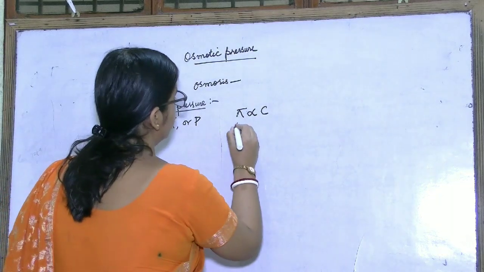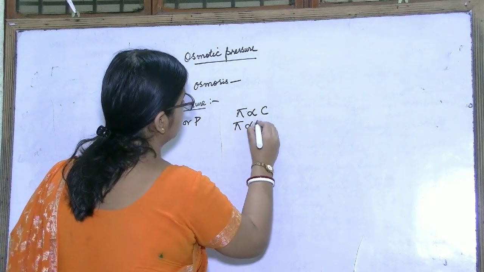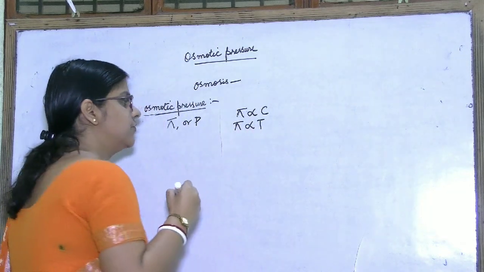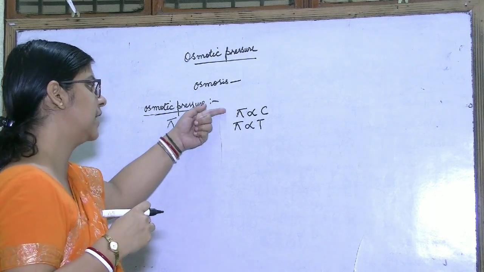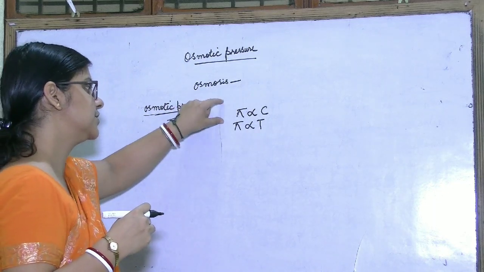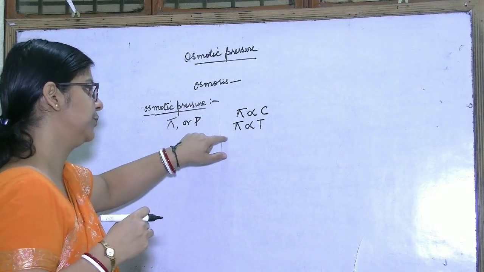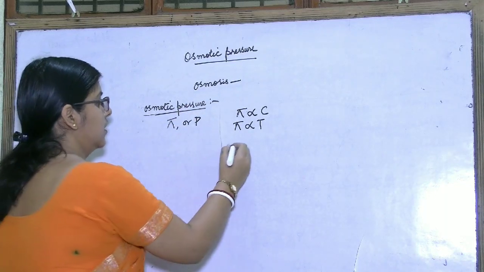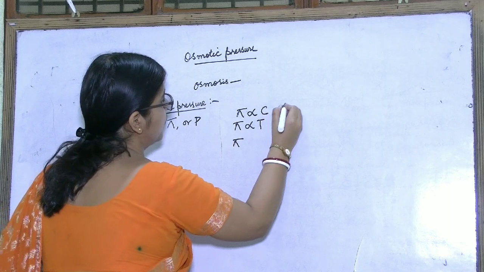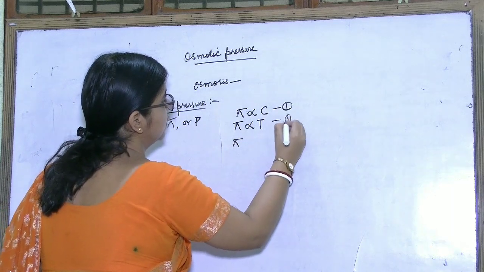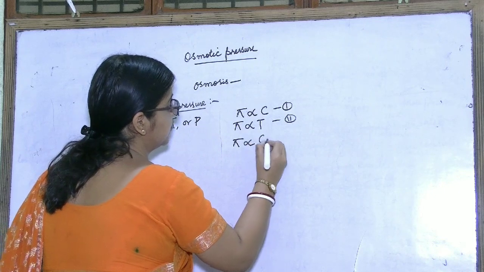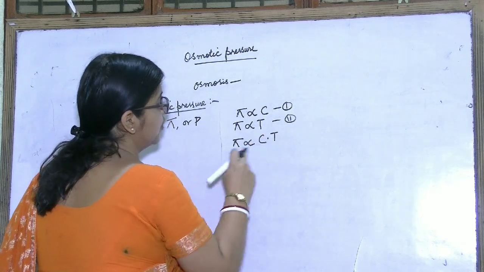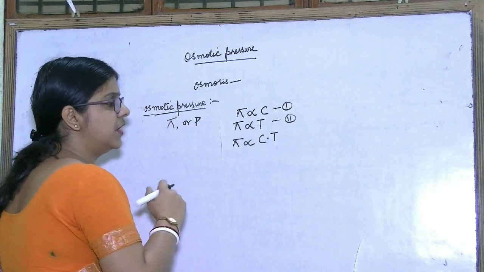Next, osmotic pressure is directly proportional to the temperature of the solution. It depends upon two factors: one is concentration, another is temperature. Now we can write osmotic pressure is directly proportional to C into T, the product of concentration and temperature.